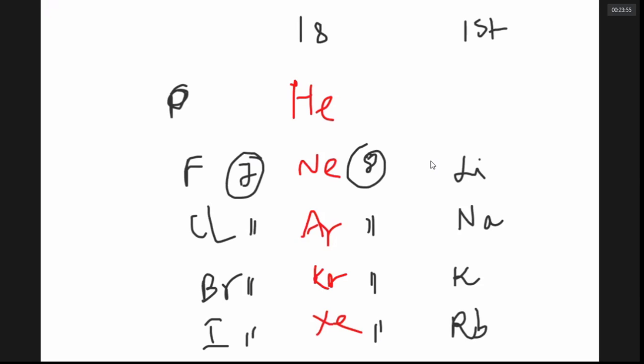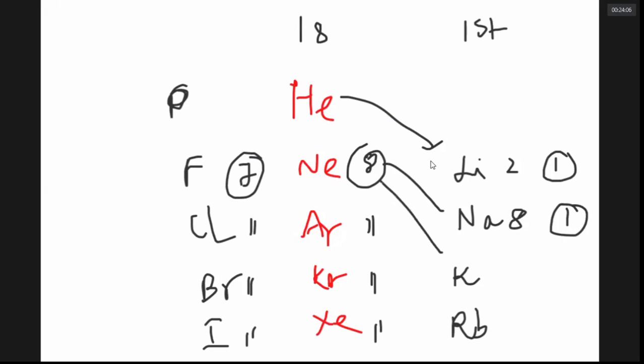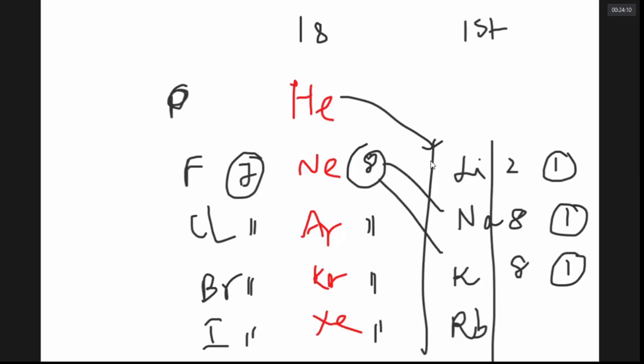After the required 2 electrons, lithium has 1 extra electron. After the required 8 electrons, sodium has 1 extra electron. After the required 8 electrons, potassium has 1 extra electron. The first group elements have 1 extra electron after the near noble gas configuration.